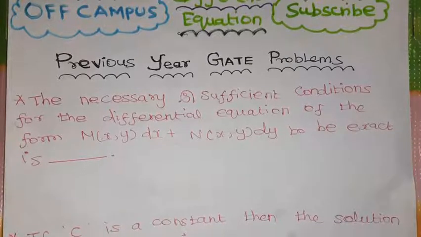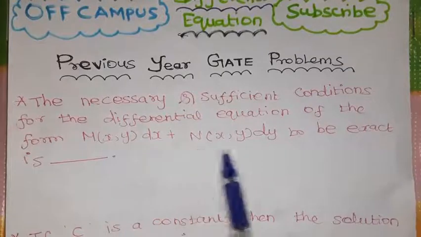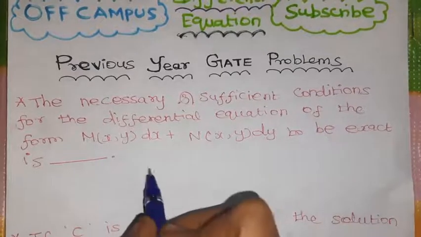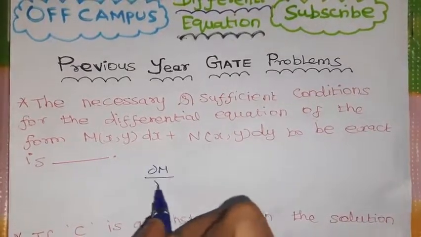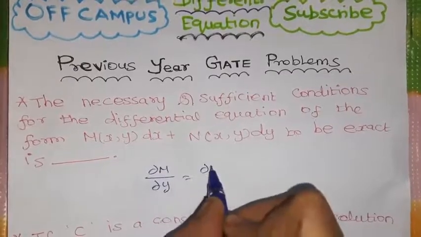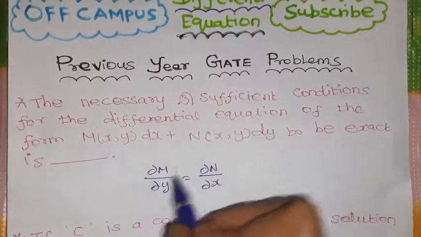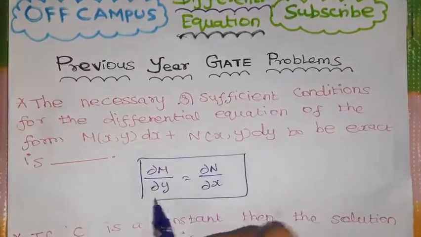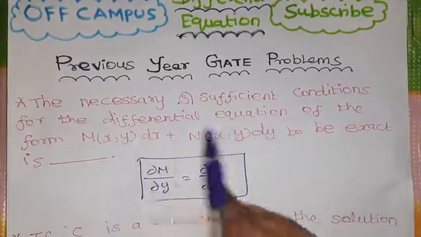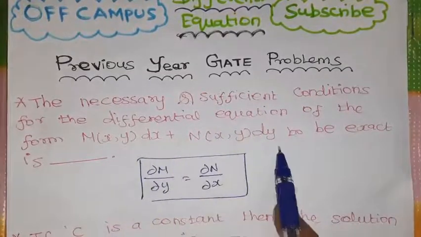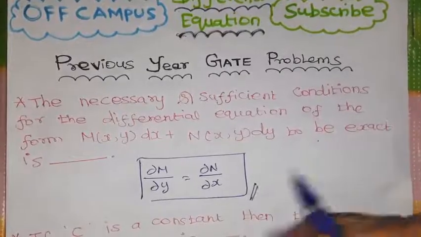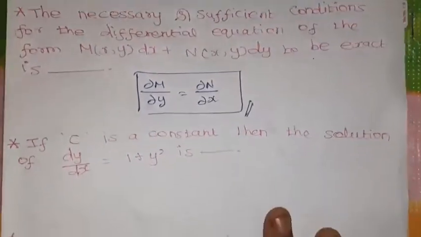The condition is ∂M/∂y = ∂N/∂x. This is the necessary and sufficient condition for the differential equation M dx + N dy to be exact. Okay, we'll move on to the next problem.